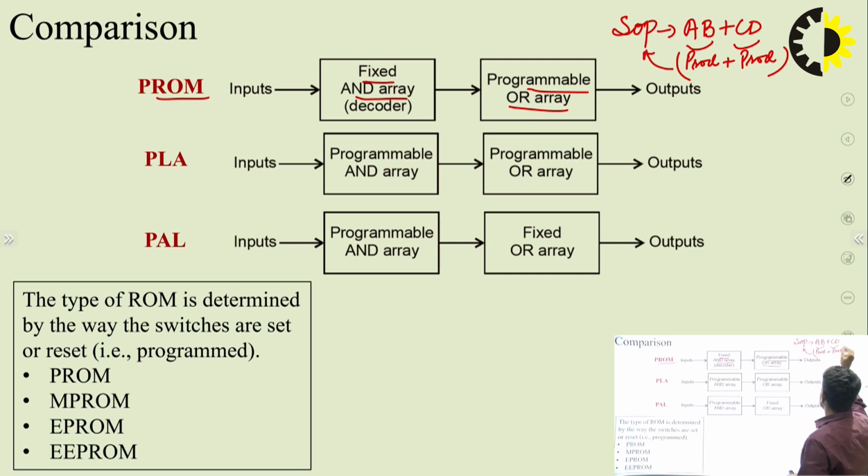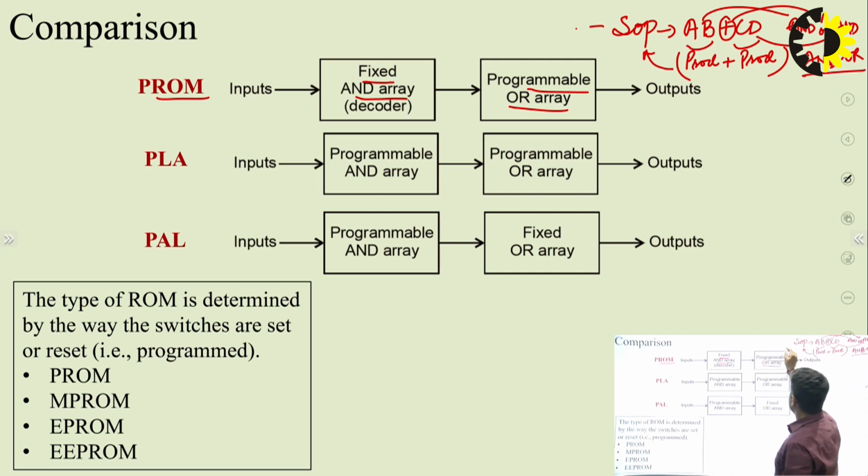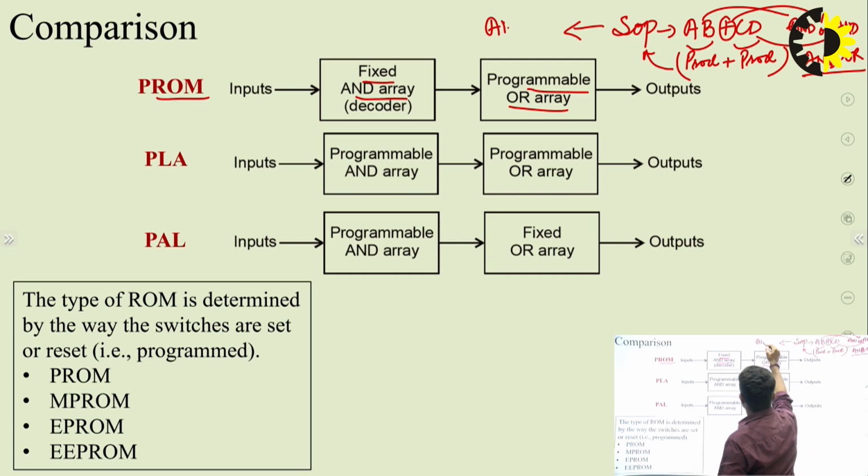Further, this AB is an AND, this CD is also an AND, and after computing the AND of these variables, we are ORing them. So this structure becomes an AND OR structure. This SOP can also be termed as AND OR.